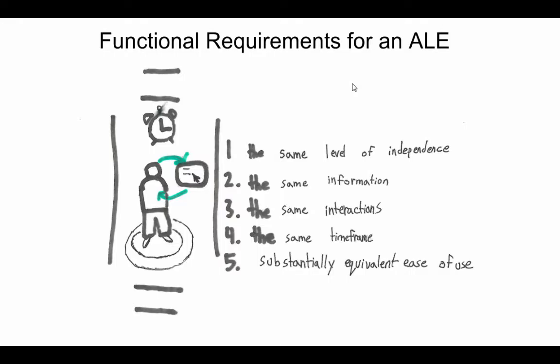So the fifth concept that goes into all of these is that the goal of an accessible learning experience is to provide substantially equivalent ease of use. That's not very well defined, but I'm pulling that language from settlement agreements between educational institutions and the Department of Justice or Department of Education.